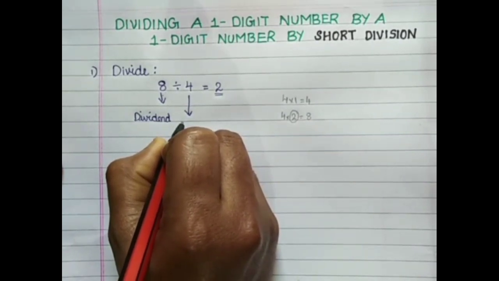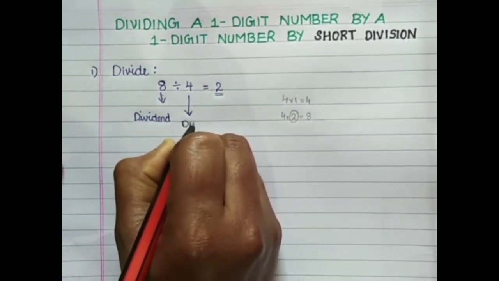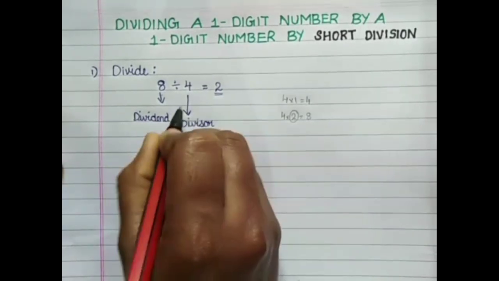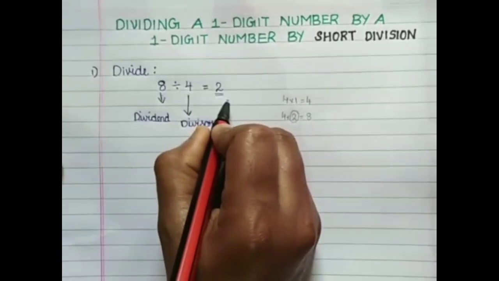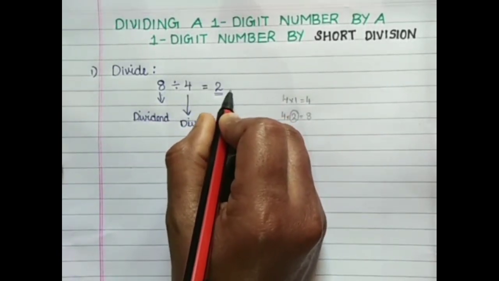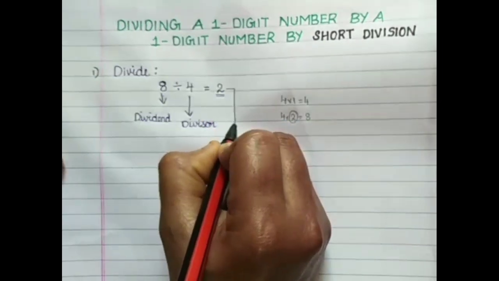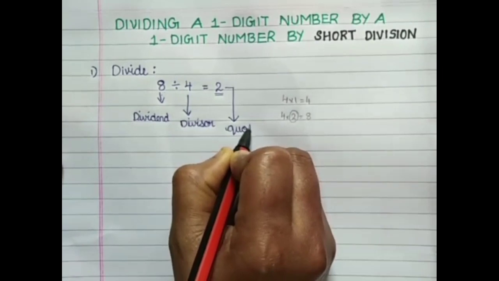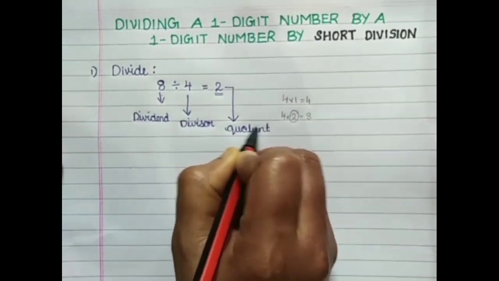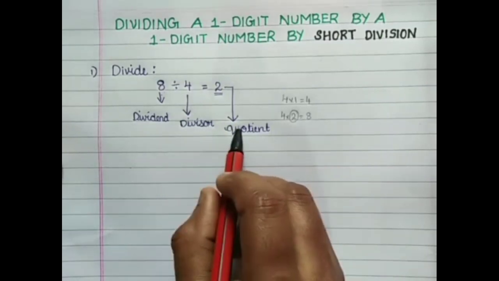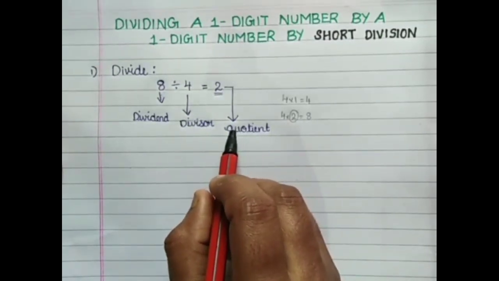The spelling of divisor is D-I-V-I-S-O-R. So here 4 is the divisor and the answer we got is called, yes, quotient. So here 2 is the quotient. Q-U-O-T-I-E-N-T. 8 is called dividend, 4 is called divisor and 2 is called quotient.